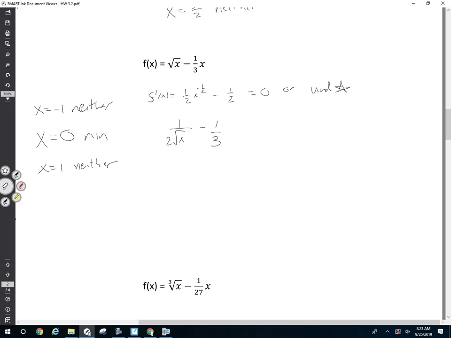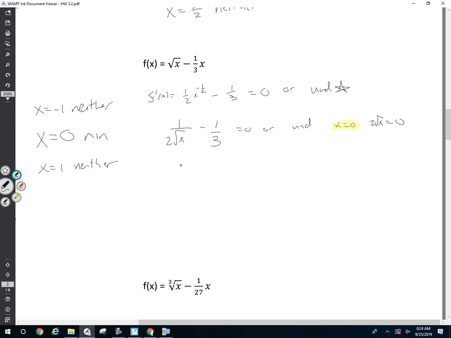My numbers are all over the place. Equals 0 or undefined. Immediately, I'm thinking x equals 0. We will have a 0 in my denominator. Okay, so this is a critical point. Let's not forget about that. Now let's solve the other piece, the 1 over 2 root x minus 1/3 equals 0.